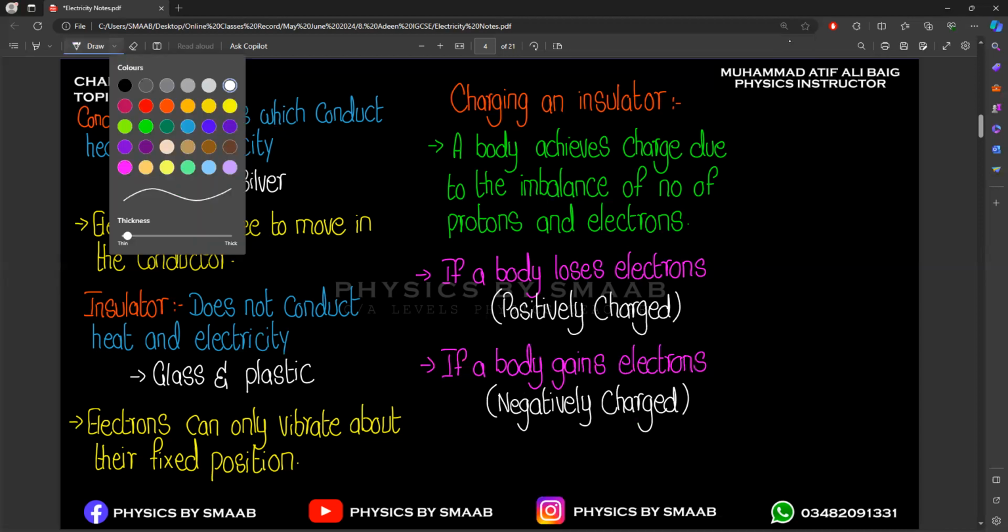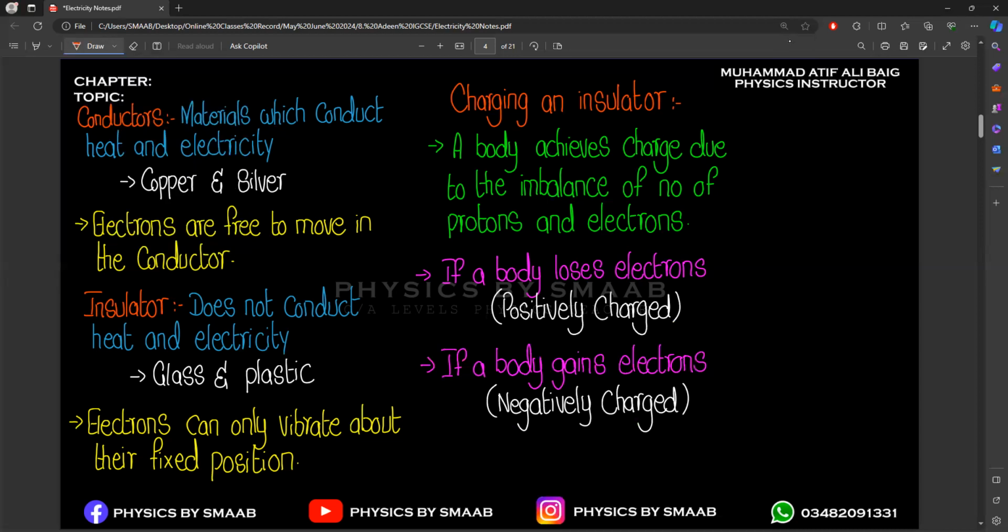No. And just to remind you, one important point that you always have to remember: a body can only gain or lose electrons, right?